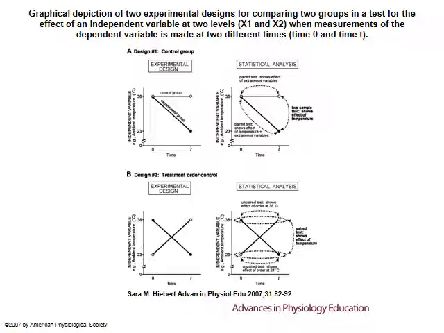So in design number 1, this is where they're using two groups, and one of the groups is a control group that controls for the time-dependent extraneous variables such as previous handling, habituation, learning, developmental age, stress, etc. In this case, you have a control group measured at time 0 and at another time, where you're not doing anything but measuring the effects of time.